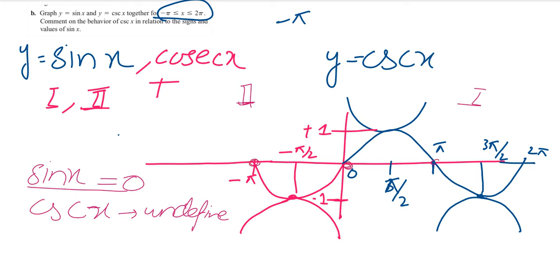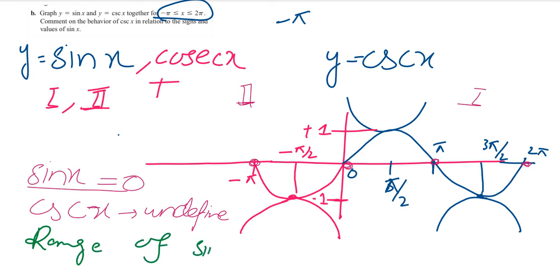Over here, over here, over here, the value of sine x will be equal to 0, and the cosecant x will be undefined. And the third point that we learned from here is the range of sine x and the cosecant x.